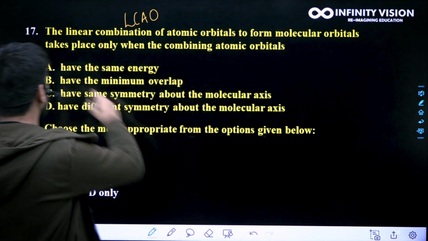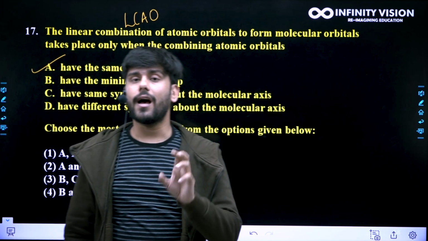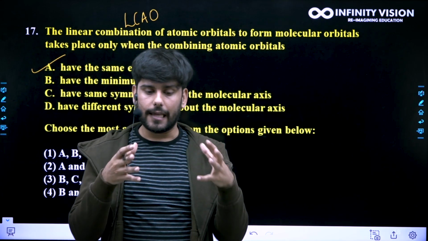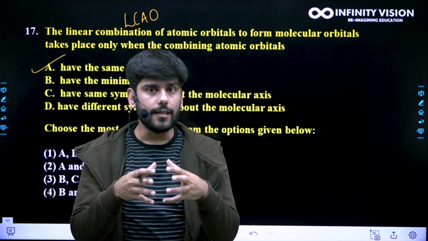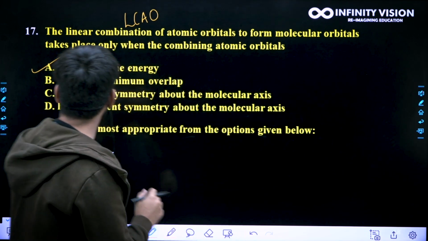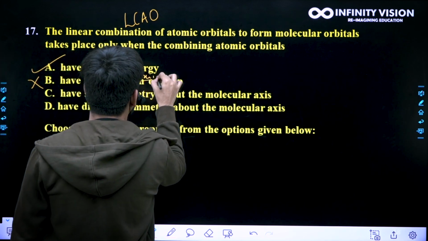So this is absolutely correct. They should have the same energy. They should have the minimum overlapping? No, they should have the maximum overlapping, because if the overlapping is more, there will be more electron density between the nuclei in the molecular orbital. So they should have the minimum overlapping? No, they should have the maximum overlapping.